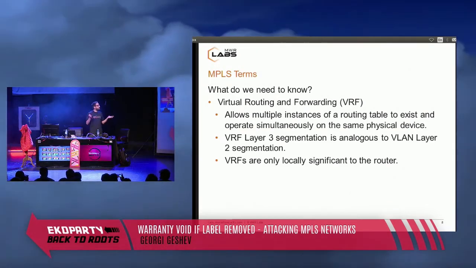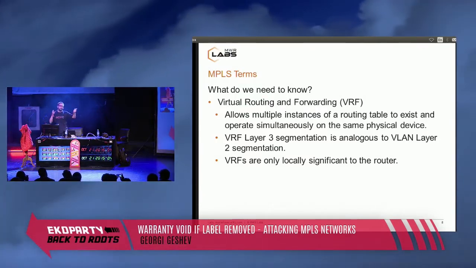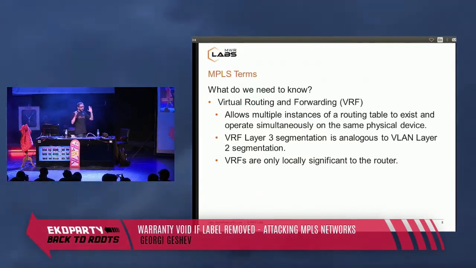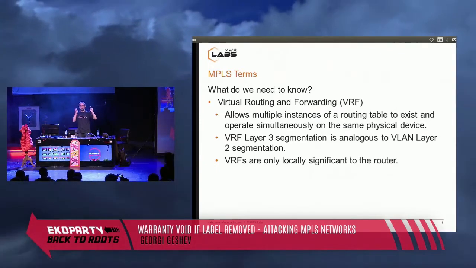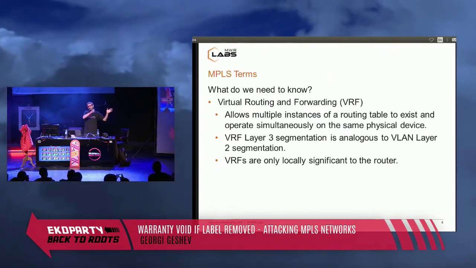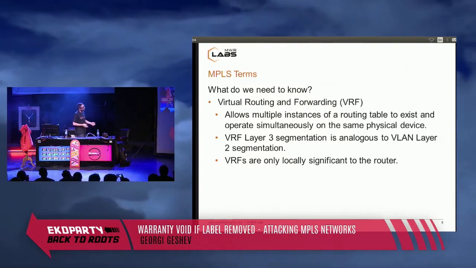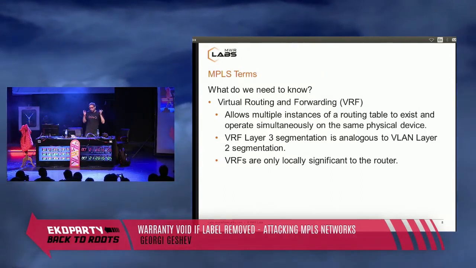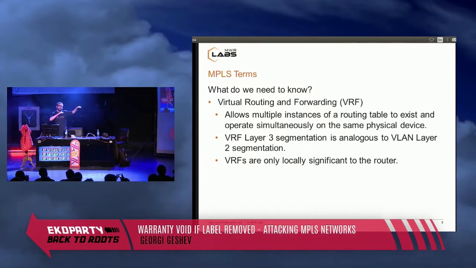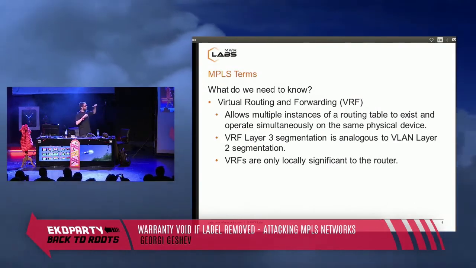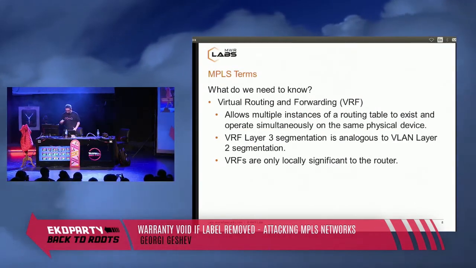There are some tricky things about VRFs. For example, you may have overlapping address spaces in these VRFs. You may leak routes from one VRF into another VRF. You can leak routes from the global routing table into a VRF or from a VRF into the global routing table. But yeah, for the purpose of this talk, just imagine VLAN segregates a network on layer 2, and VRFs allow for segregating a network on layer 3.